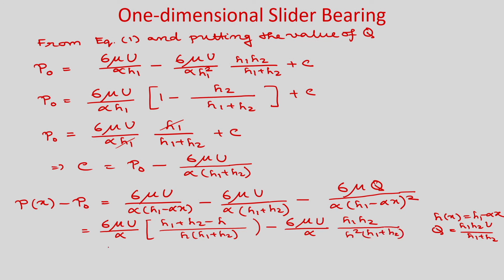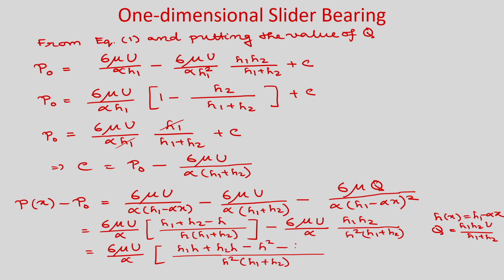Okay. So, now if you take outside 6 mu u by alpha, then we will get h square (h1 plus h2) in the denominator. So, here you will get h1 h plus h2 h minus h square minus h1 h2.